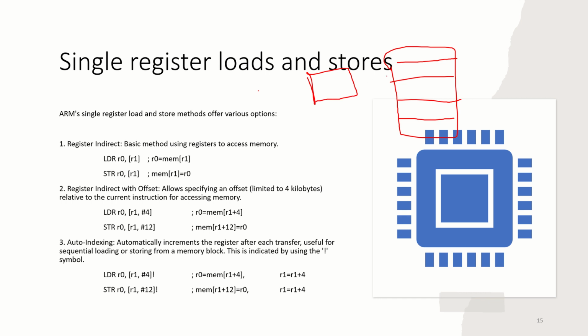Transferring the value from memory into a register is called load. How to load it? First, whatever data we have to load, its corresponding address needs to be stored in another register. We call it R1. Now this contains the address.